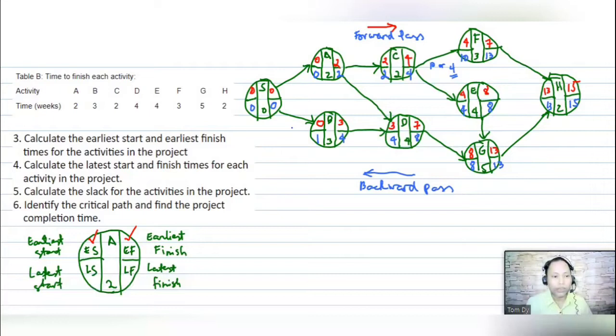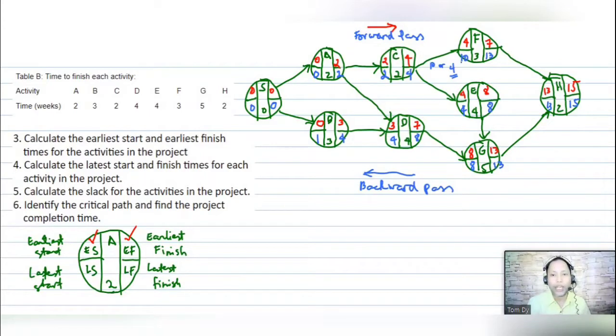So we have already calculated number 4, the latest start and finish time for each activity in the project. For A, our latest start and latest finish are 0 and 2, respectively. For B, 1 and 4. For C, 2 and 4.